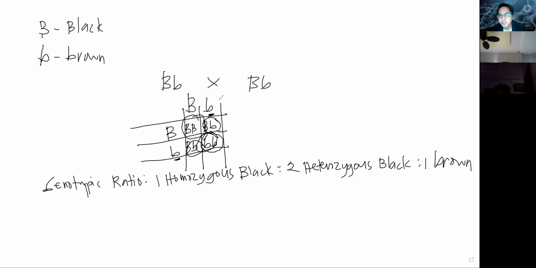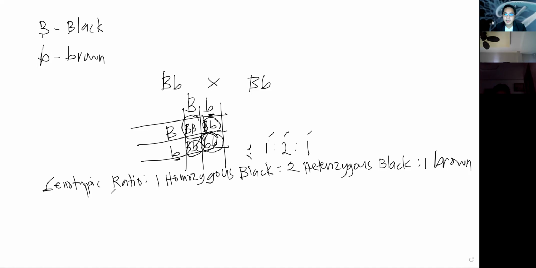So in the progeny, you can actually see 1 homozygous black is to 2 heterozygous black is to 1 brown. So this is 1 is to 2 is to 1: 1 homozygous black, 2 heterozygous black, and 1 brown.